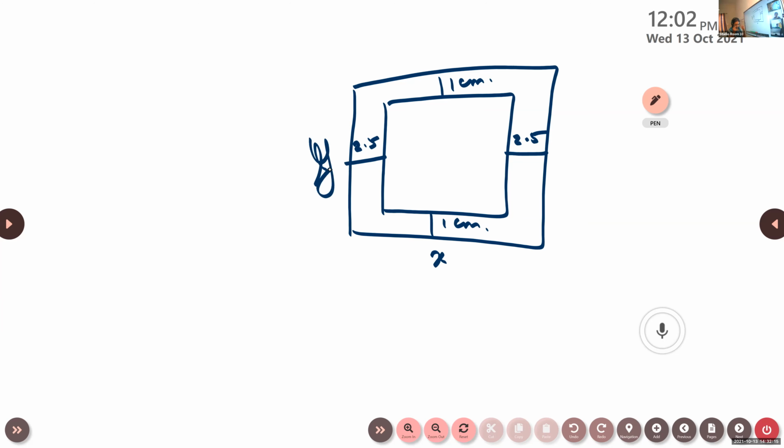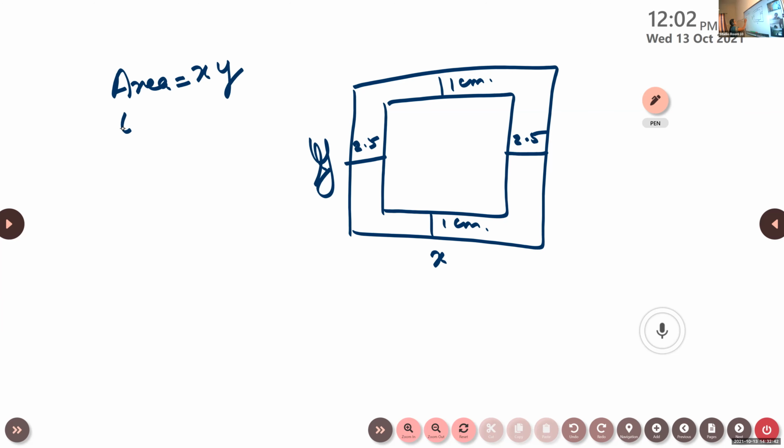Now, based on this, look here. The total area of the cloth is given as 640 centimeters square. Answer the following questions. So total area, what is the formula here? Is it length into breadth? Total area of the cloth, including the margin.